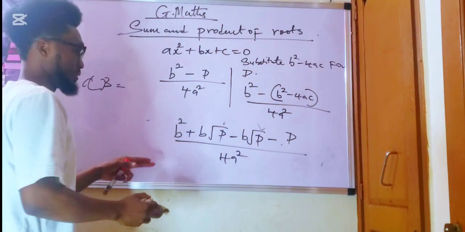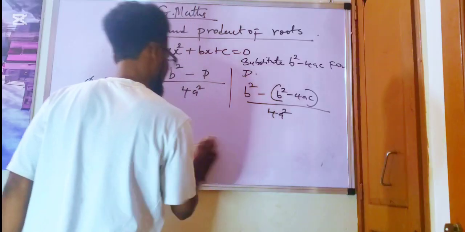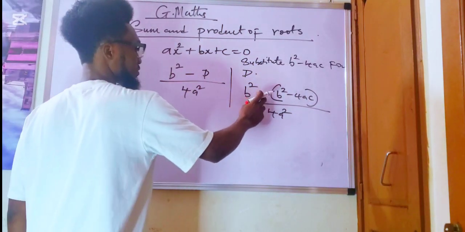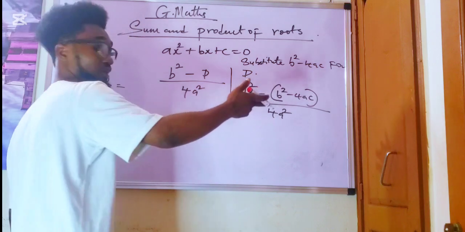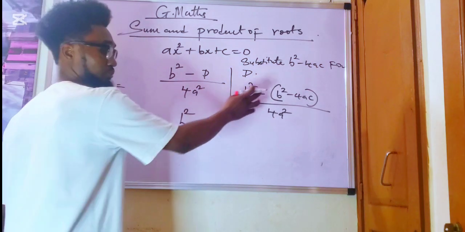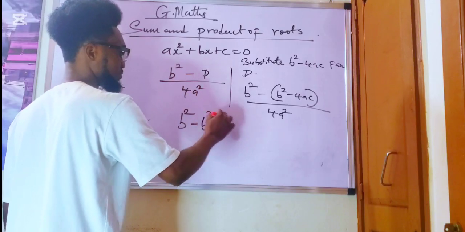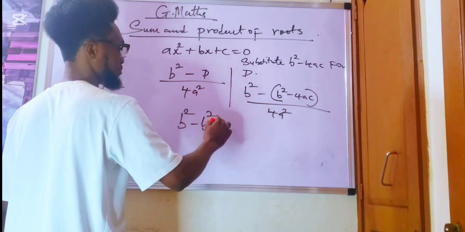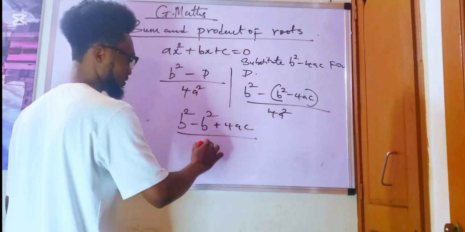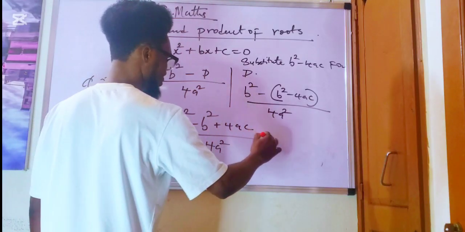So I can clean here right now. So at this point right here, minus multiplied by b squared will give you what? Minus b squared. So let's rewrite. We have b squared, minus times b squared, we have minus b squared, minus times minus 4ac, we have plus 4ac divided by what? The denominator, where we have 4a squared.